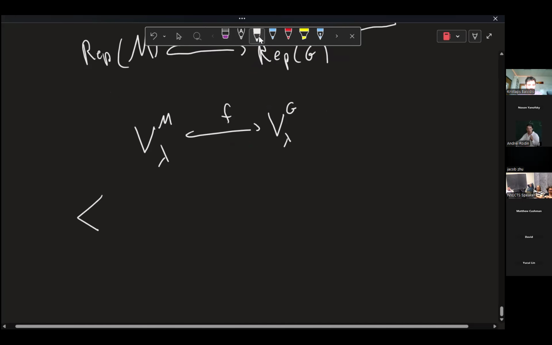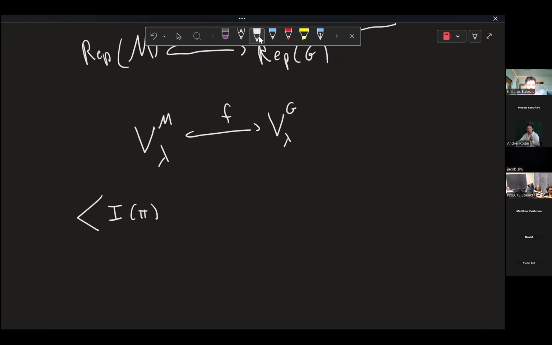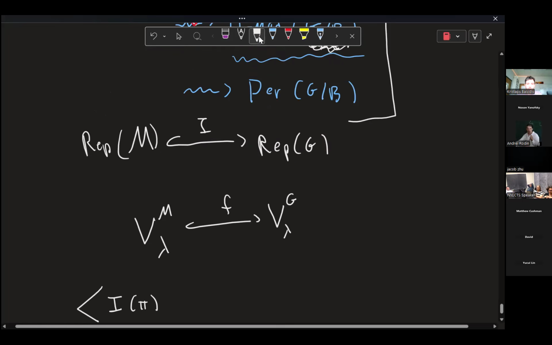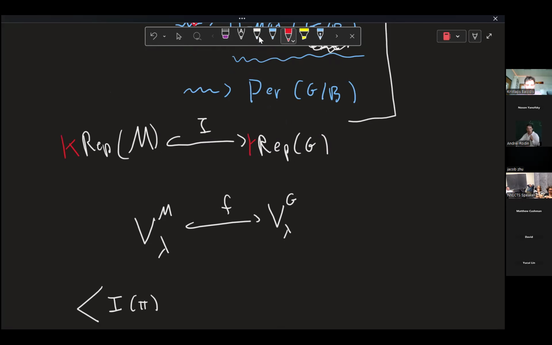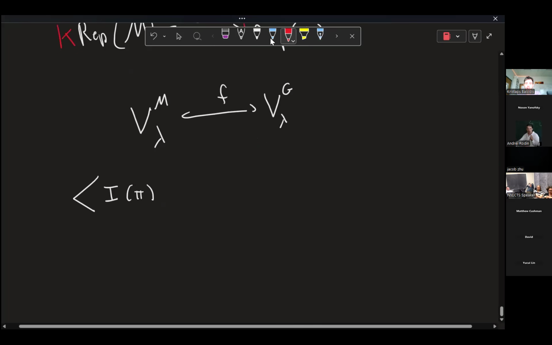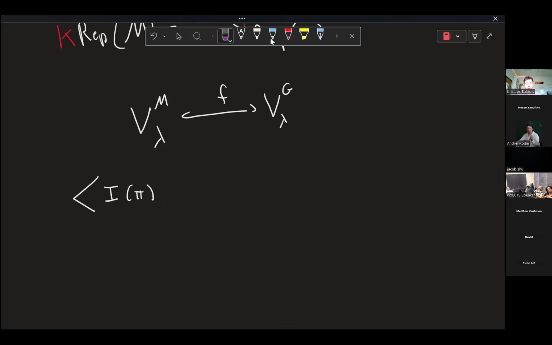And with respect to this Kazhdan-Lusztig pairing, the induction actually turns into a linear transformation between the Grothendieck groups, and taking a pullback along this inclusion turns into a linear transformation of the Grothendieck groups of the derived categories.